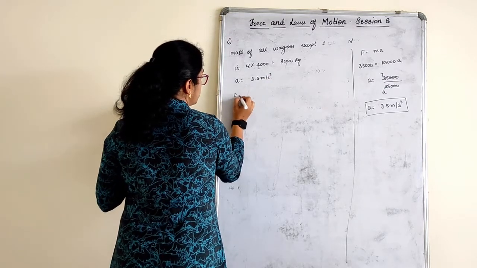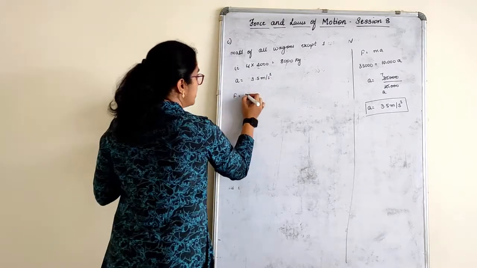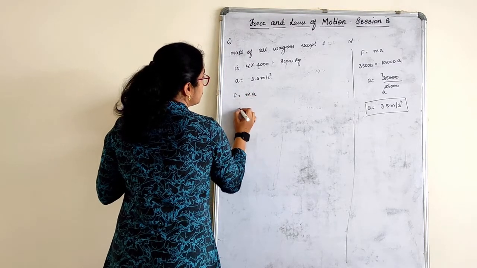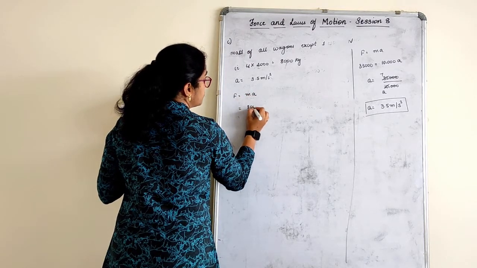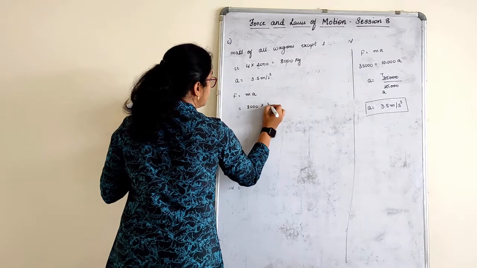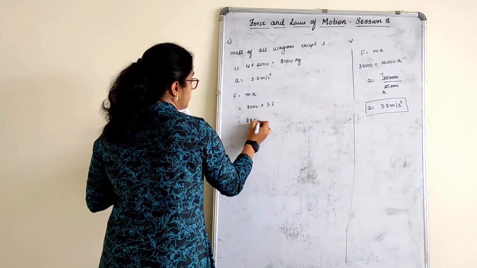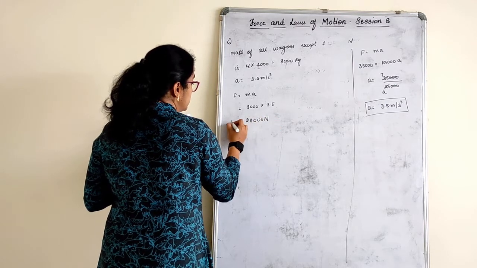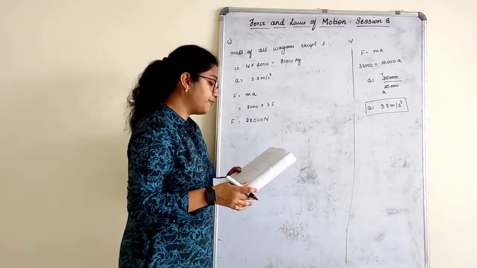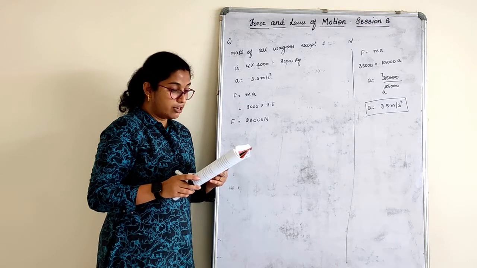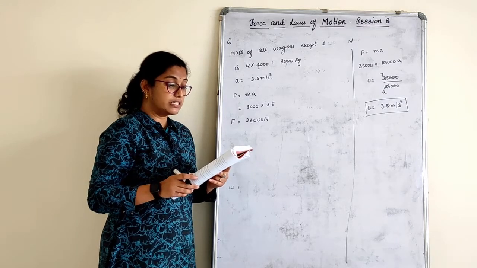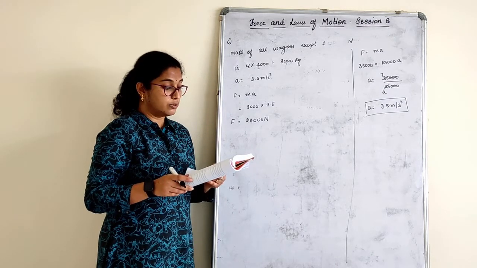Therefore, what is the force exerted by wagon 1 on wagon 2? M into a. What is M? 8,000. What is a? 3.5. The direct answer is 28,000 Newton. Give the conclusion. Therefore, the force exerted by wagon 1 on the remaining 4 wagons is 28,000 Newton.